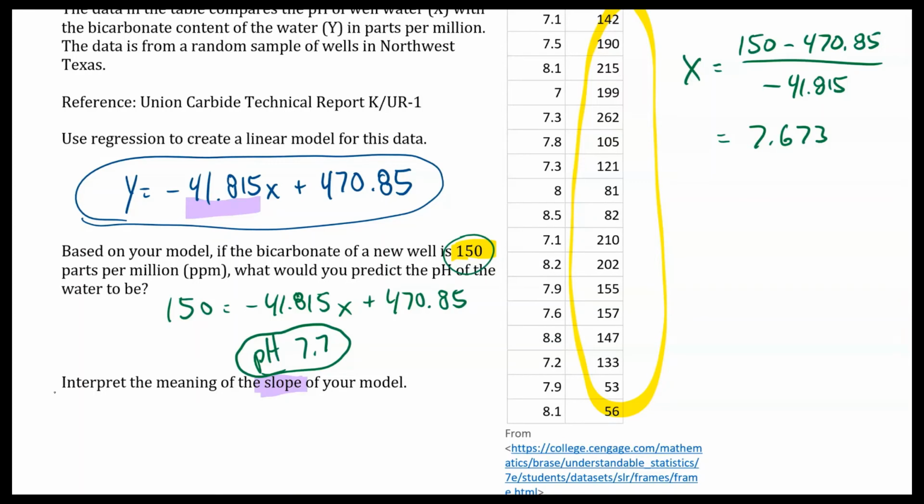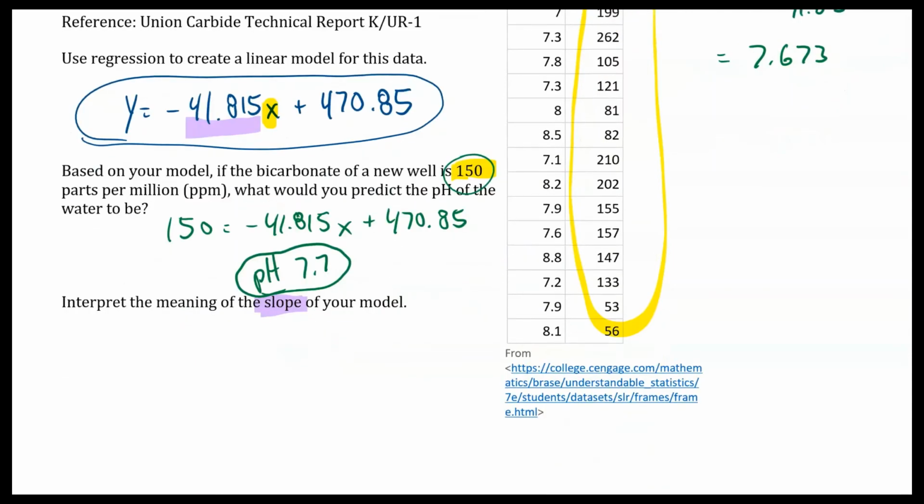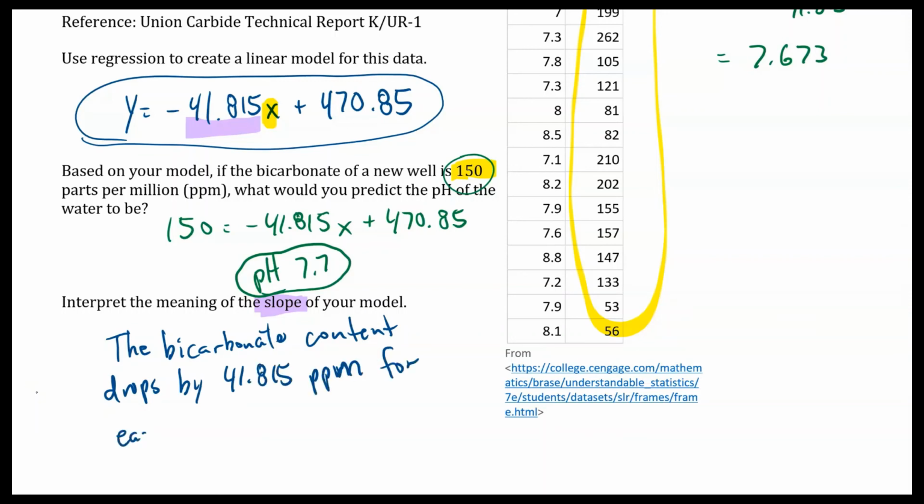Every time the pH, the X coordinate, goes up by 1 unit, the corresponding y coordinate goes down by 41.815 units. So to put that into words, we could say something like the bicarbonate content drops by 41.815 parts per million for each 1 unit increase in pH.